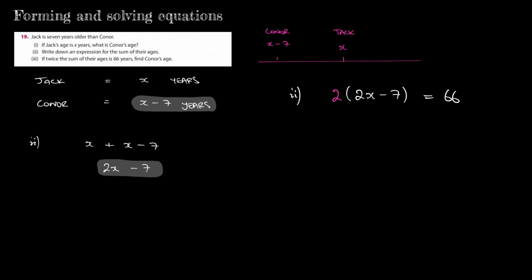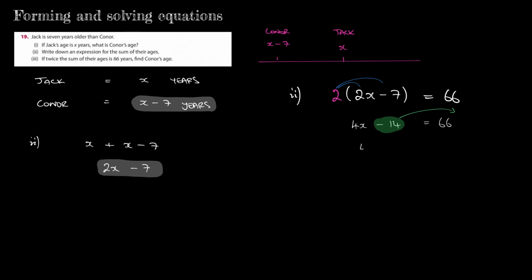Then we need to work that out and find the value for x. How we'll do that is 2 times 2x gives us 4x, 2 times negative 7 is negative 14, is equal to 66. I now need to bring the negative 14 across to the right-hand side.